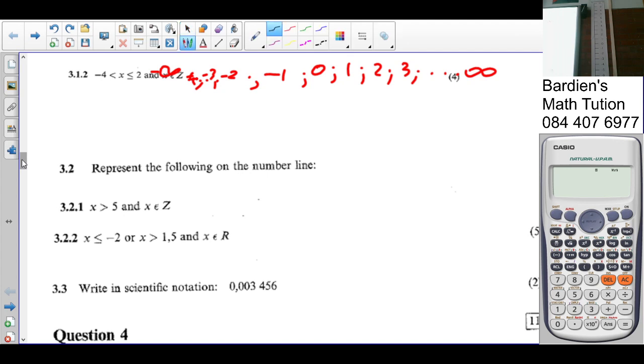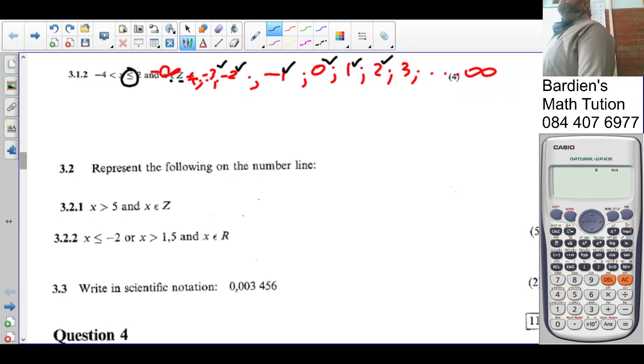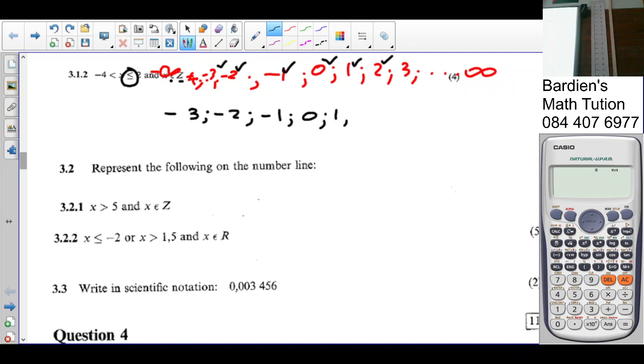It must be greater than -4. Can it be -4? No. Can it be -3? Yes. -2? Yes. -1? Yes. 0? Yes. 1? 2? Yes. You see there's an equal sign there, so it's inclusive of that 2. There's no equal sign under the -4, so I don't put that in. So the numbers are -3, -2, -1, 0, 1, and 2.